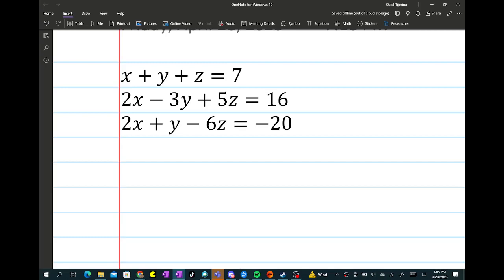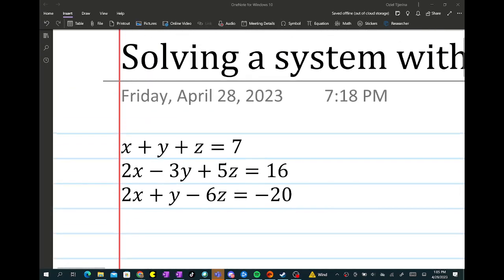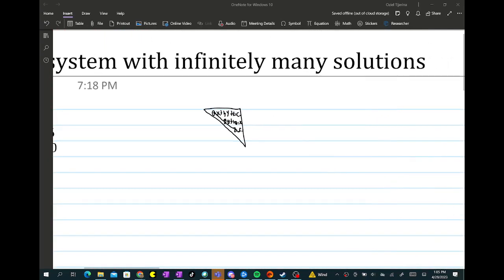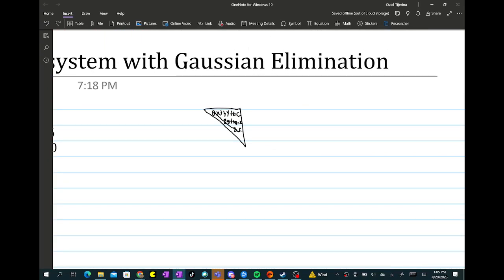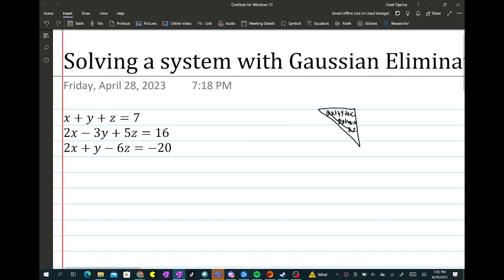Hold on, give me one second, guys. Actually, let me rewrite this with Gaussian elimination. Okay.